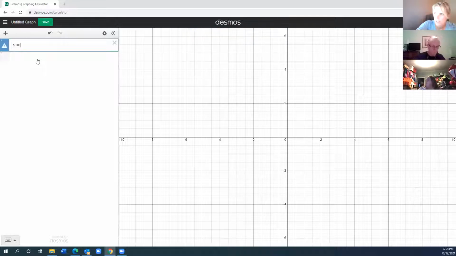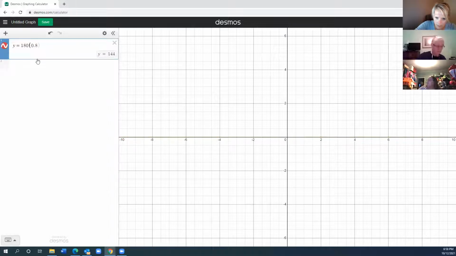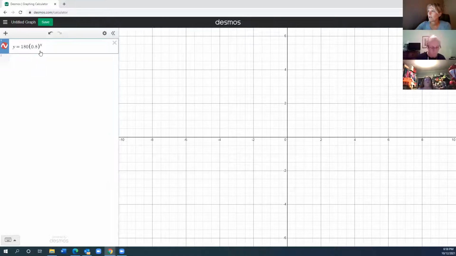We think it's y equals 180 parentheses 0.8. There we go. And I'm going to leave that one there so we'll draw a graph that will let me have a slider, and then I'm going to do it again and I'm going to make a table out of one of them.